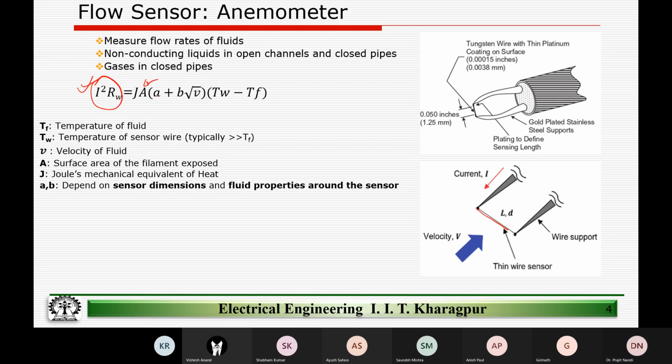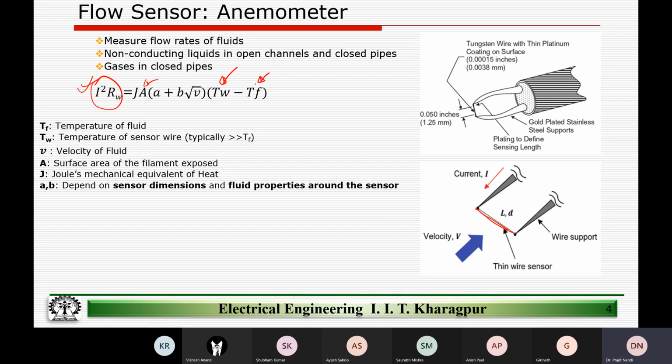A is the surface area of the filament, the amount of area that is exposed to the liquid. TF is the temperature of the fluid, and TW is the temperature of the wire.